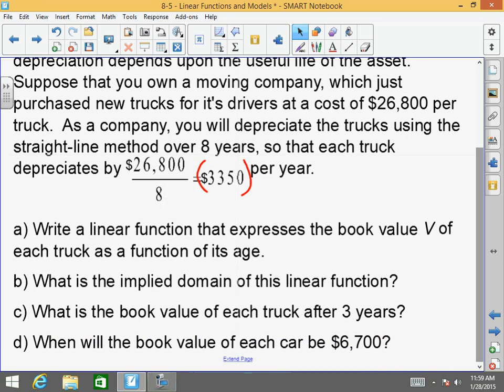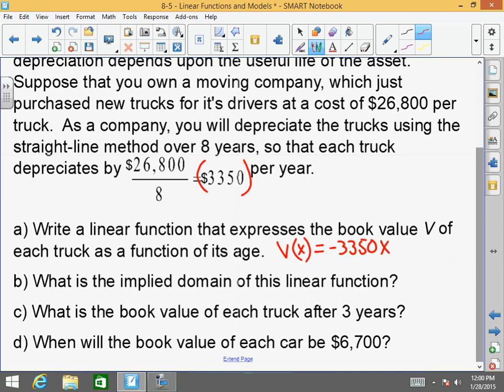It's worth nothing. So how would I write a linear function that expresses the book value V of each truck as a function of its age? Well, the function V of X, where V stands for book value and X is the number of years, is going to equal negative 3,350 for every X truck that I own.